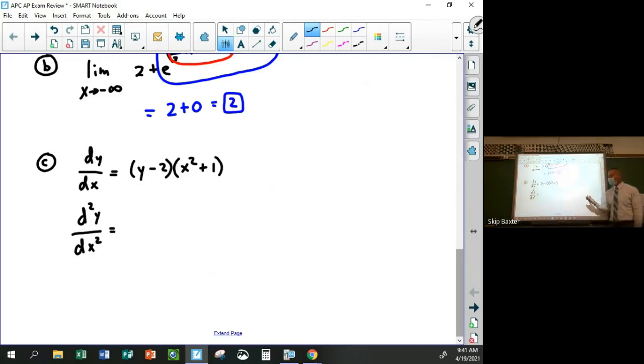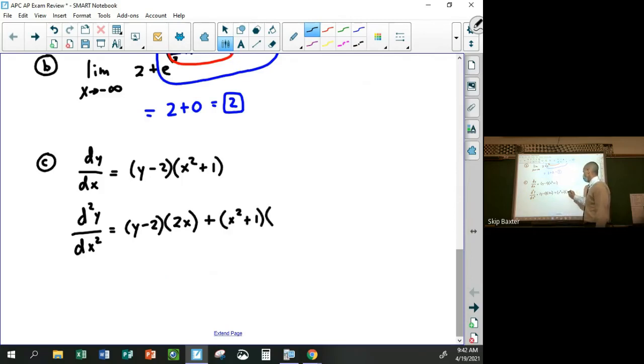Now, you have to be careful. You have to use implicit differentiation and also the product rule here, because it's a product. So it's going to be the first times the derivative of the second plus the second times the derivative of the first, which is just y prime. But you actually have to substitute this y prime with this whole expression.